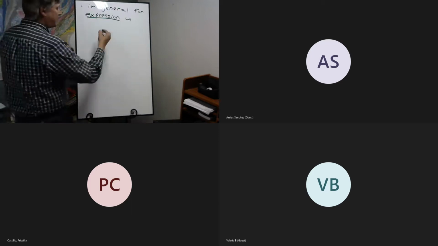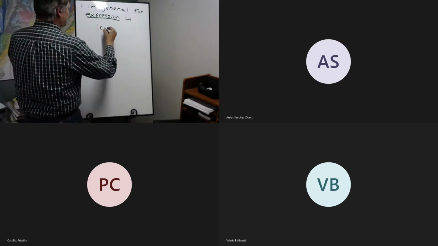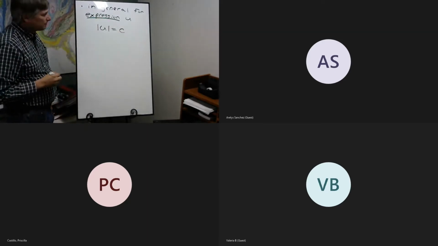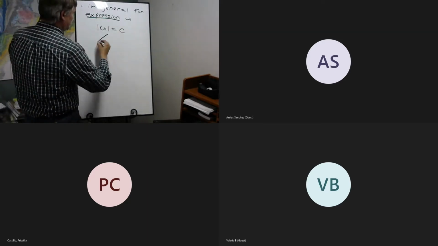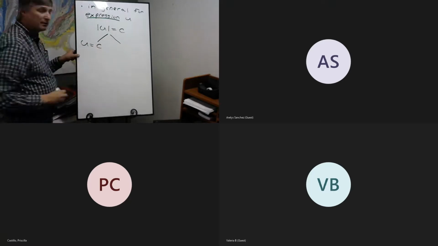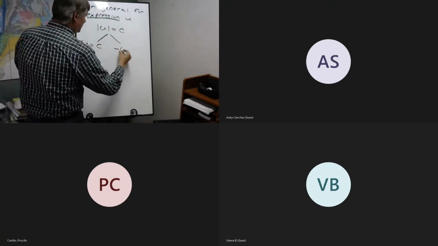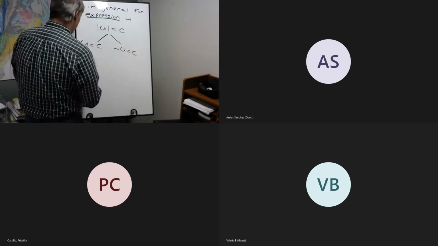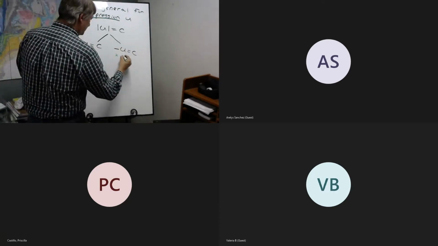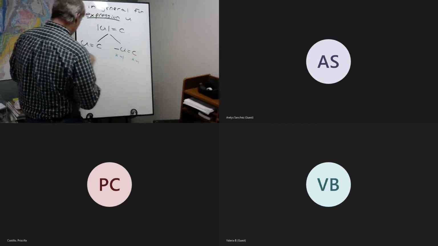So when we have the absolute value of an expression equal to some constant number, it breaks down into the positive version and into the negative version, but then we multiply both sides by -1.